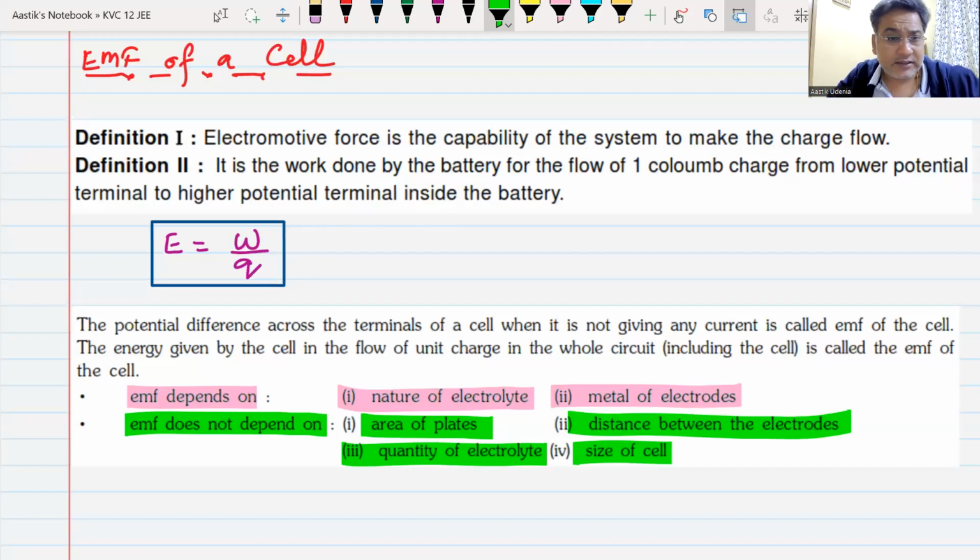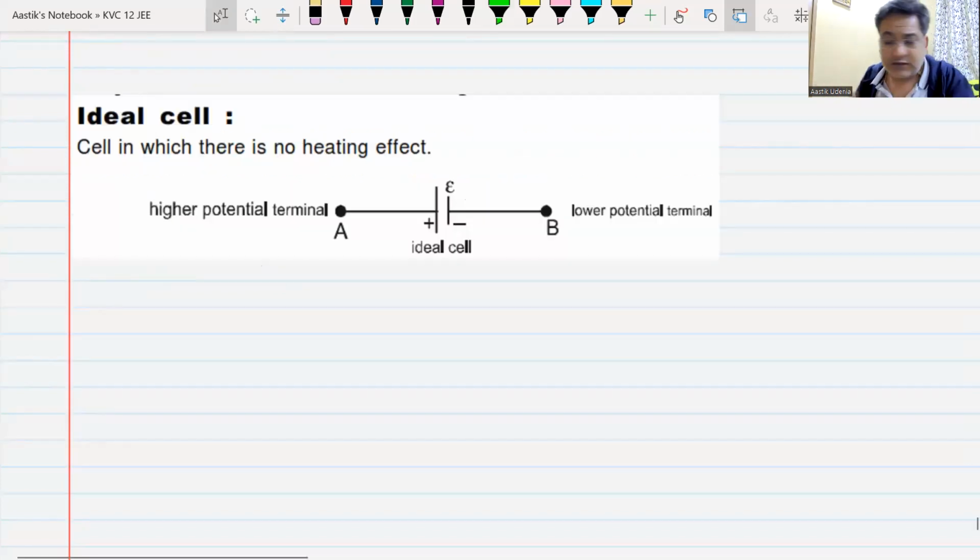Then we had also seen two types of battery or two types of cell. One was an ideal battery or an ideal cell. It did not have any internal resistance and no energy is lost. Do we remember this? Ideal battery, and this is how you represent an ideal battery.